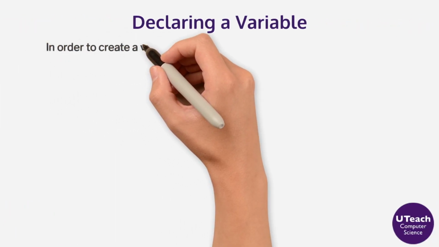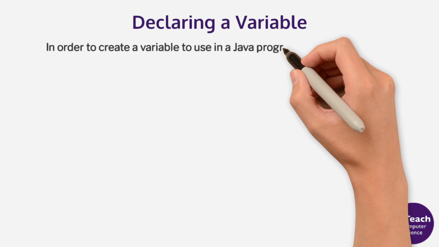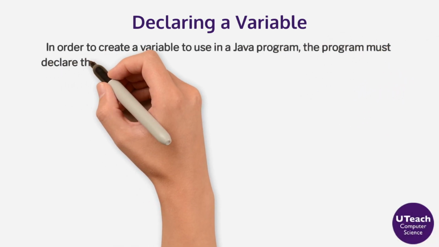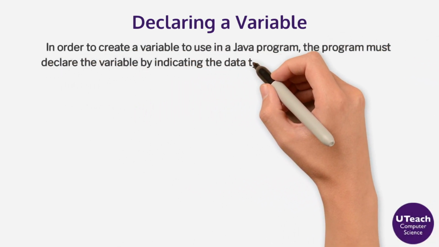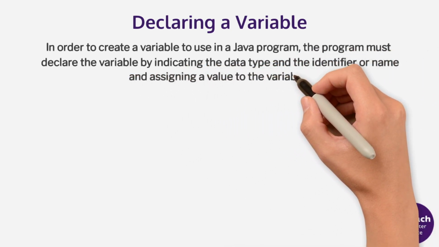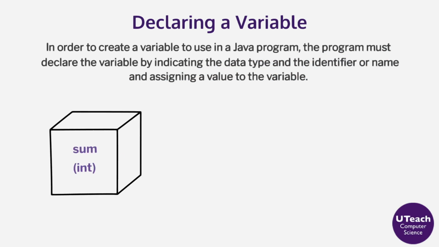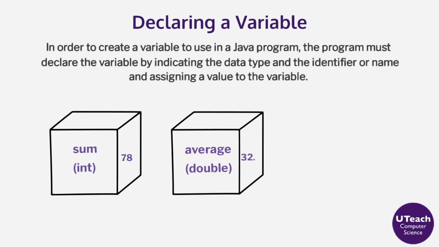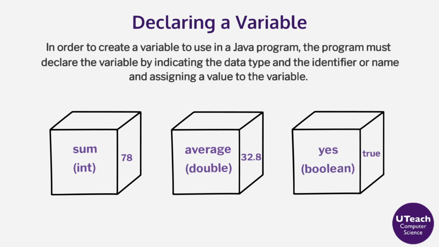In order to create a variable to use in a Java program, the program must declare the variable by indicating the data type and the identifier or name, and assigning a value to the variable. The variable identifiers in these examples are sum, average, and yes. These can be used and referenced later in the program. Assigning a value to a variable is called initialization.